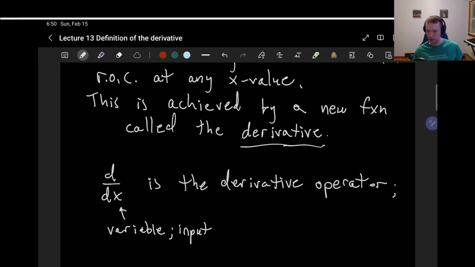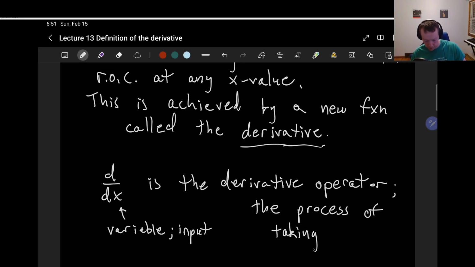Don't worry too much about that wording. The idea is that this is the action of taking a derivative, where it represents the process of taking the derivative.